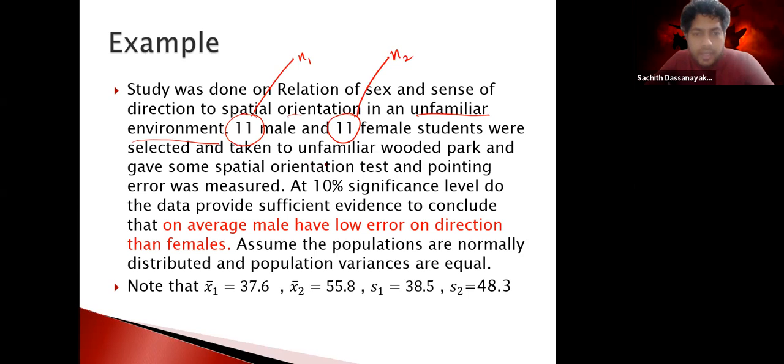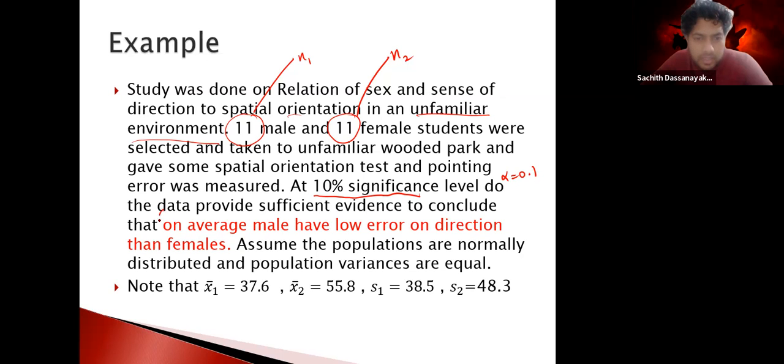They were selected and taken to an unfamiliar park and given a spatial orientation test. At the 10% significance level, so now you know your alpha. Alpha is 0.1.